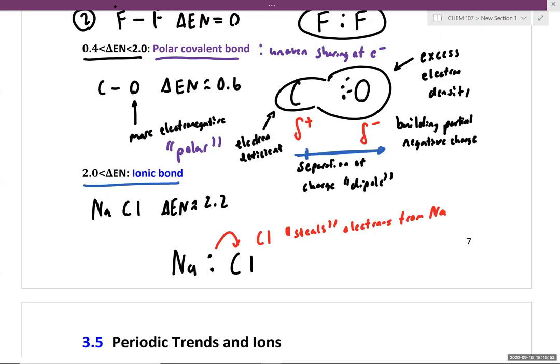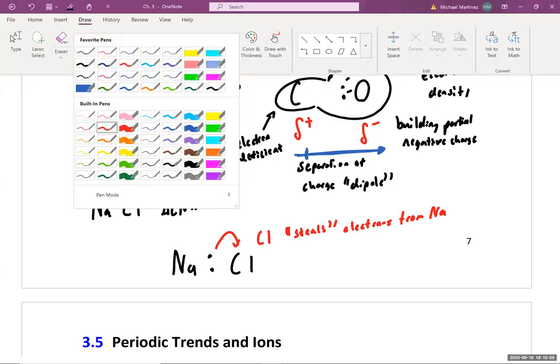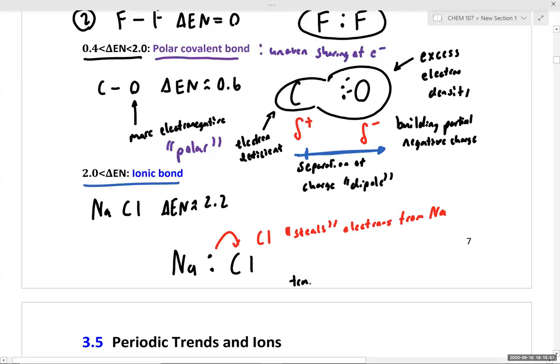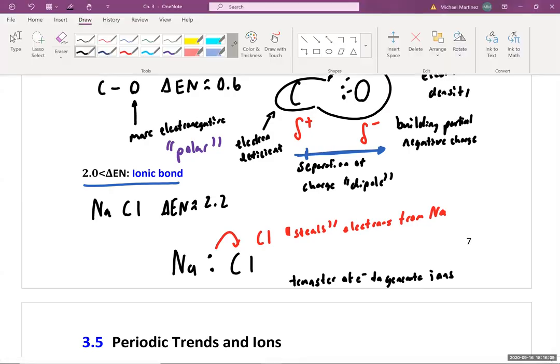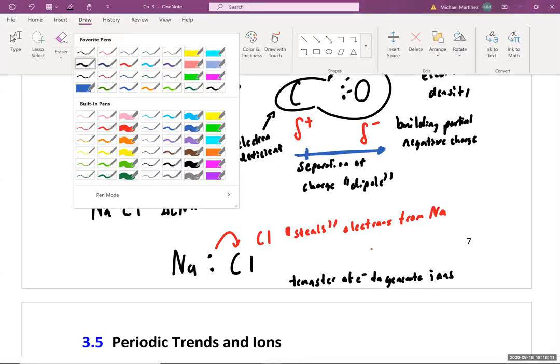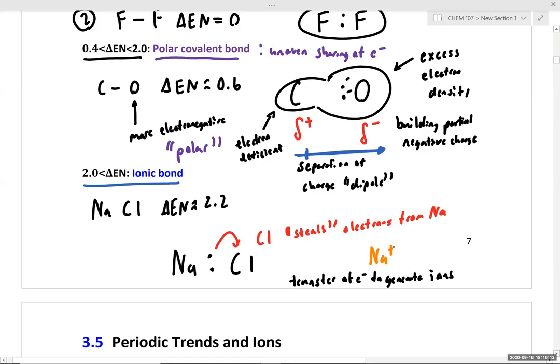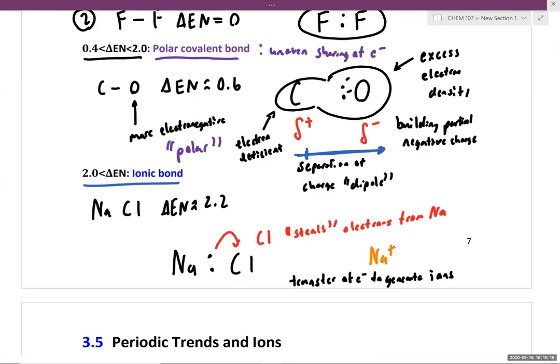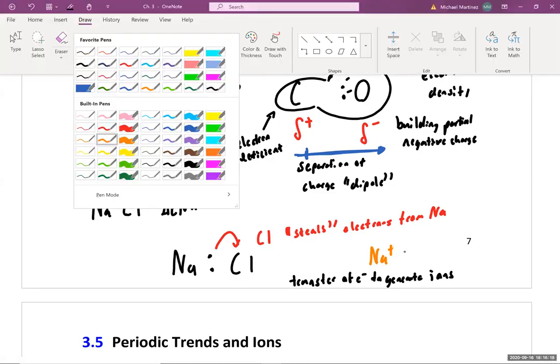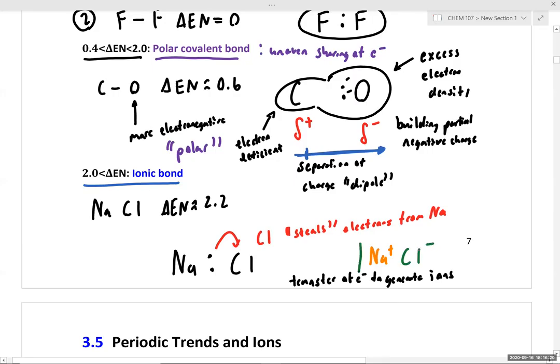So rather than a sharing of electrons, we instead have a transfer of electrons to generate ions. So instead of having neutral species, we have a cation and an anion, Na+ and Cl-, engaging in an ionic bond.